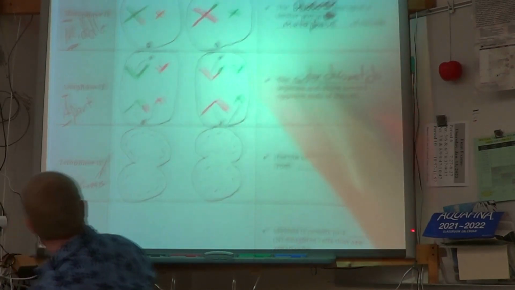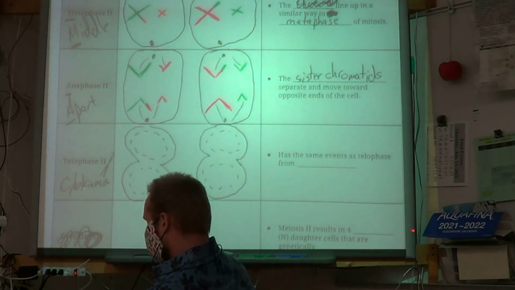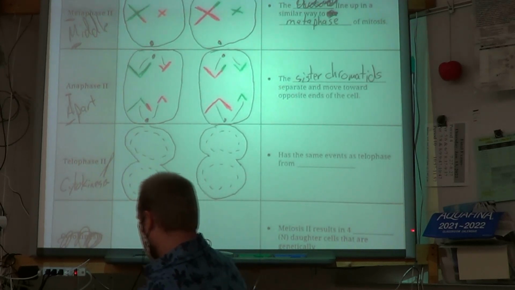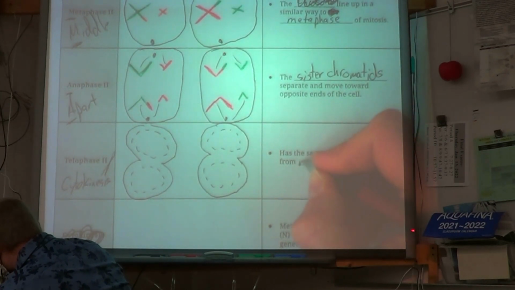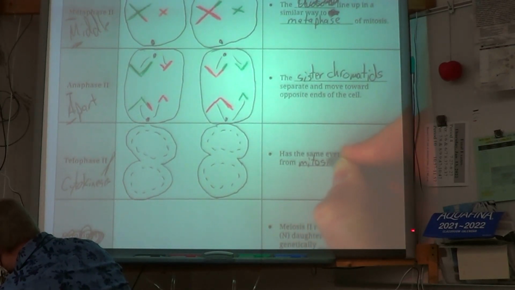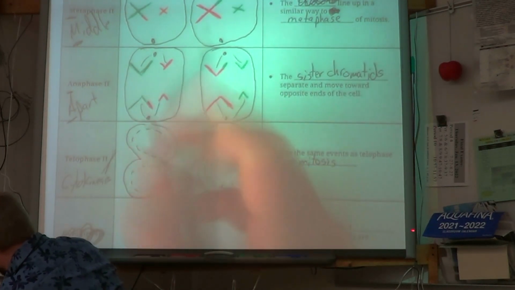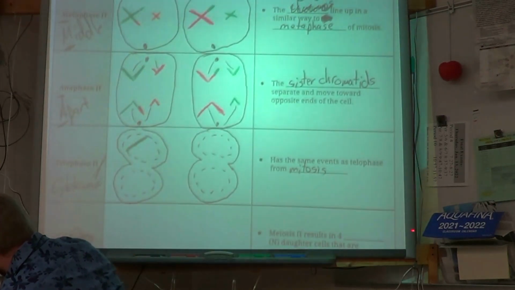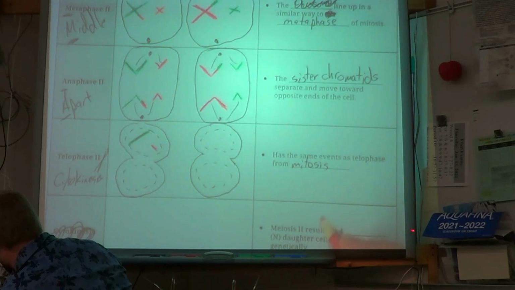I am a dad. So you get a nucleus starting to reform, and it has the same events as telophase from mitosis. And what we end up with is, now I'm just going to draw this chromatid in a straight line. I get a big green, and I get a little red, and the placement of those is random and doesn't really matter.